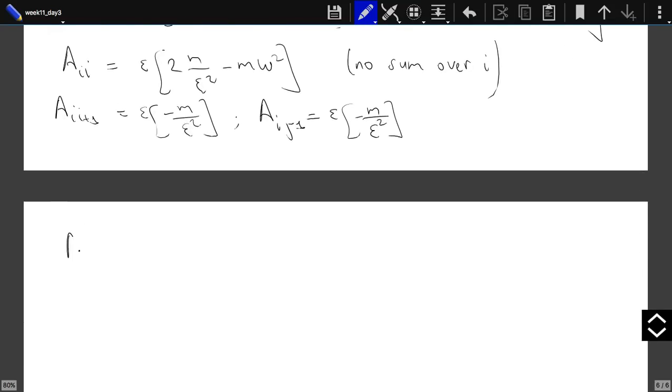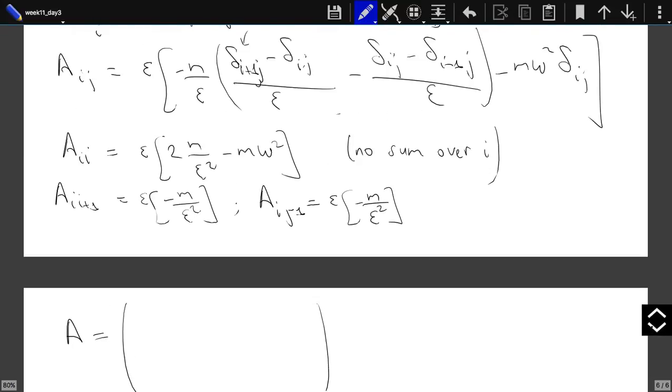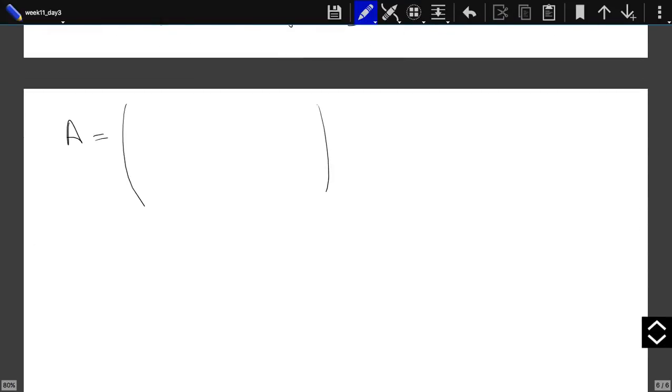So the matrix A is a matrix of this form. The diagonals, you see all the diagonals are equal. Only the row just above and below the diagonals are non-zero, and they're also all equal. So basically, my matrix is like this.